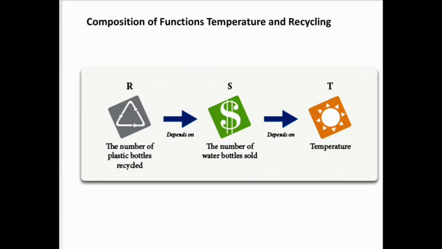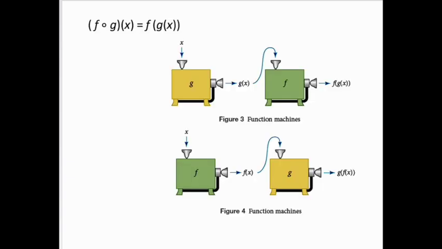So recall that the situation was that when the temperature changes, the number of water bottles that are sold will change, which then changes the number of plastic bottles that are recycled. So the number of plastic bottles recycled depends on the number of water bottles sold, and the number of water bottles sold depends on the temperature.